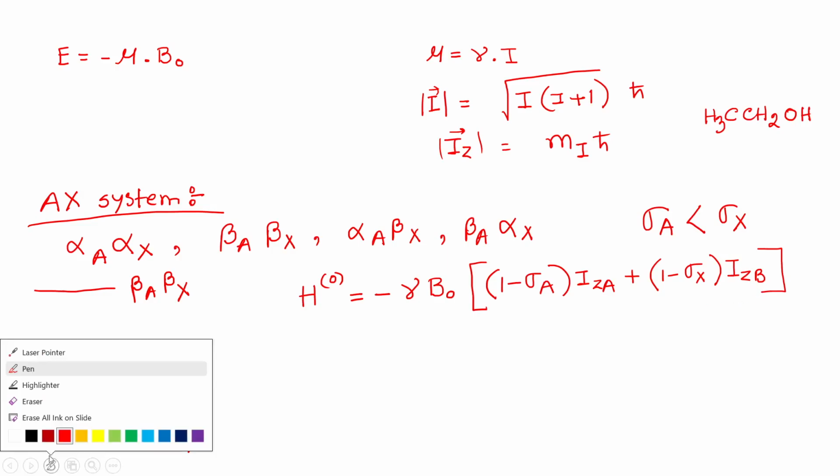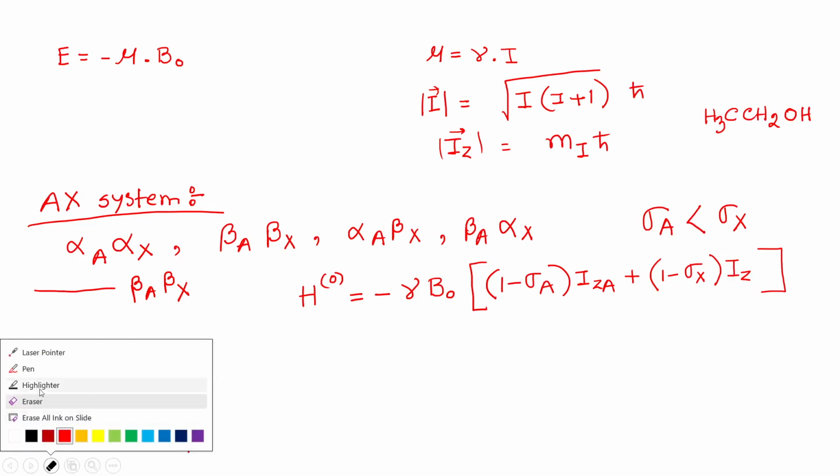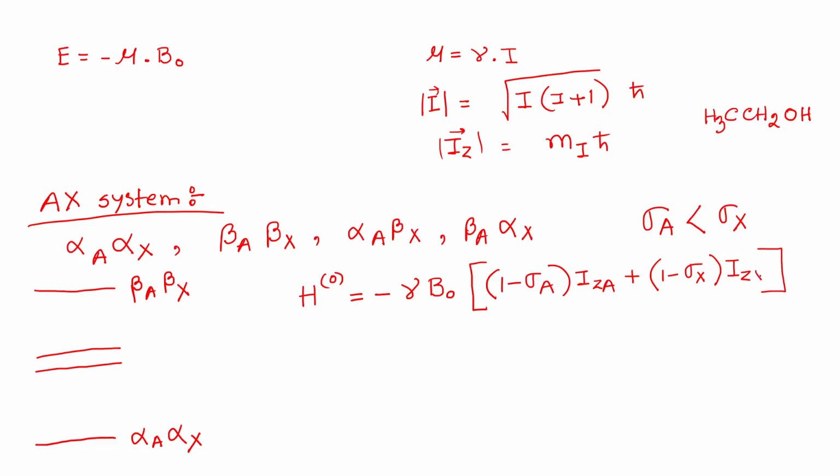I am going to make this mistake often, so please pardon me and remind me wherever I do that B thing. So why did I write it like that? Right now this is inside a molecule, so there are separate electronic environments around the A and X nuclei.